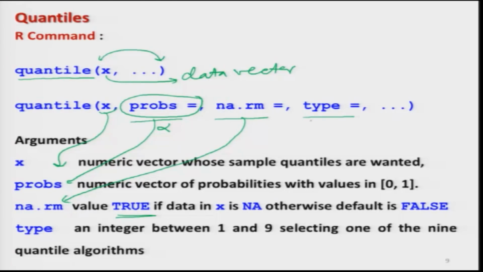After this, there is another parameter, type. Type is going to take a value between 1 and 9. That can be 1, 2, 3, 4, 5, 6, 7, 8 or 9. And this is going to inform the quantile command which of the 9 available algorithms is to be used to compute the quantiles. What does this mean?